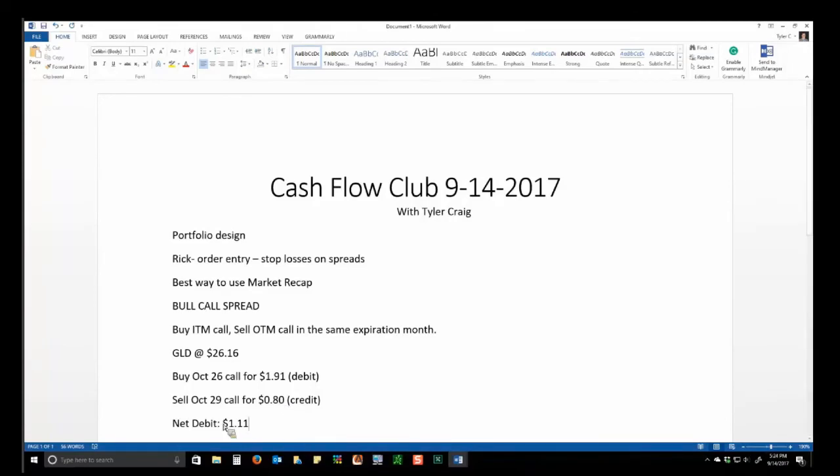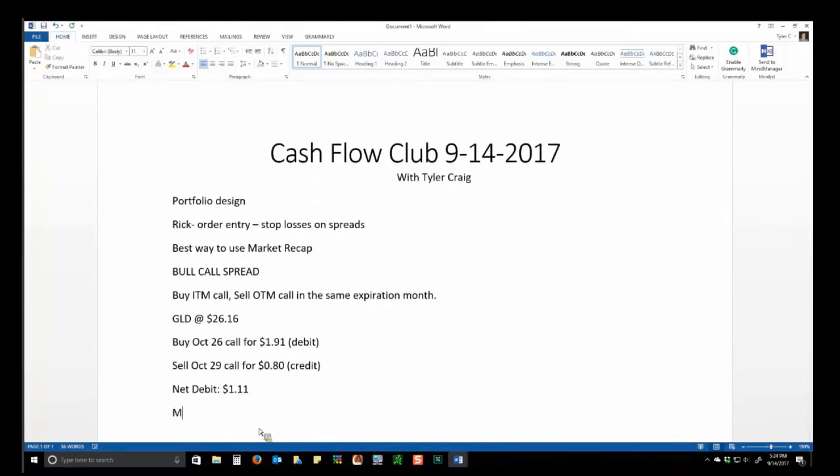Now, that is also my risk. So the net debit is $1.11. That means the max risk is $1.11. Okay? And I would incur that if gold is below 126. Why didn't I put 126 here? Sorry, guys, I had typos there. 126 and 129.